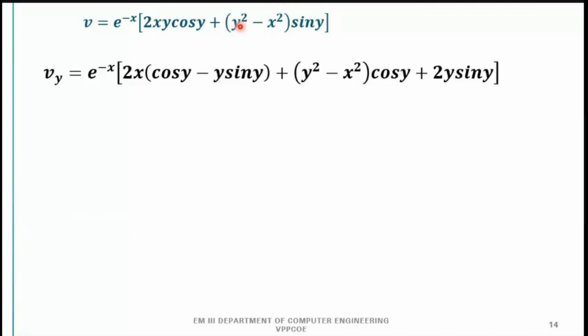y स्क्वायर माइनस एक्स स्क्वायर को एक टर्म ले लो, sin y को सेकेंड टर्म. अगेन y square minus x square, derivative of sin y, which is cos y, plus sin y into derivative of y square minus x square, that is 2y. ठीक है? Do it systematically, you will get the answer.